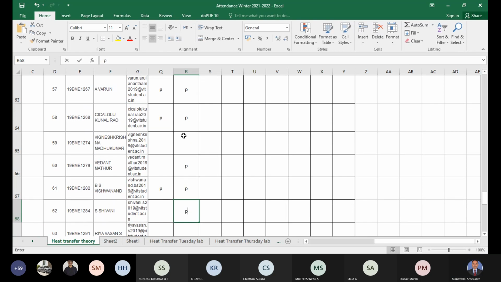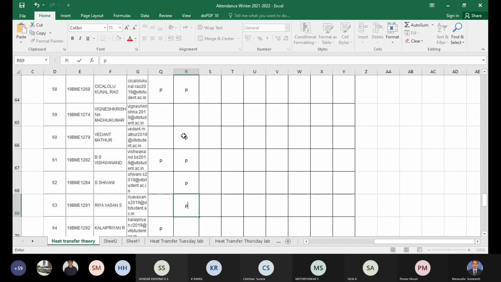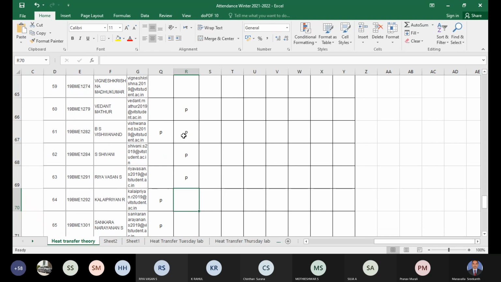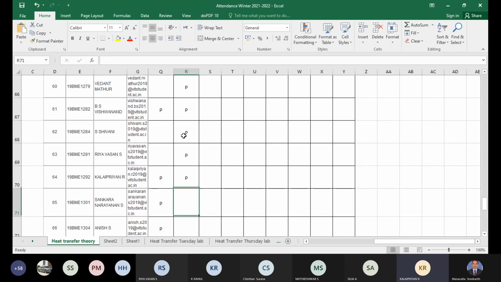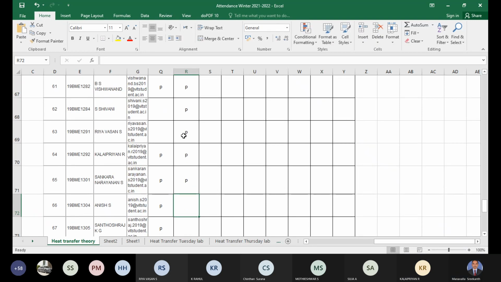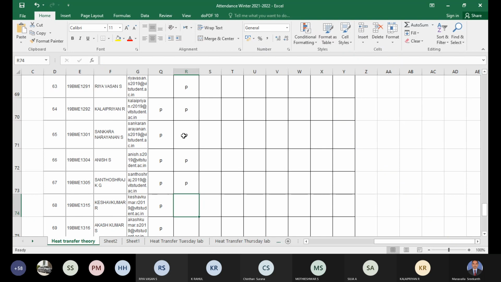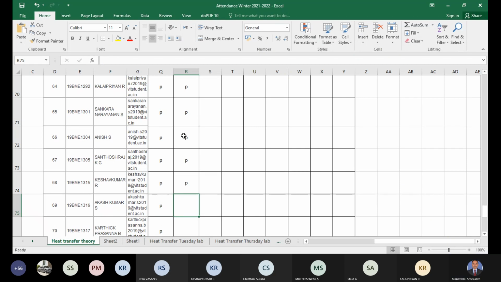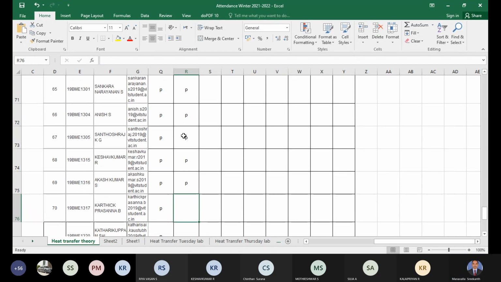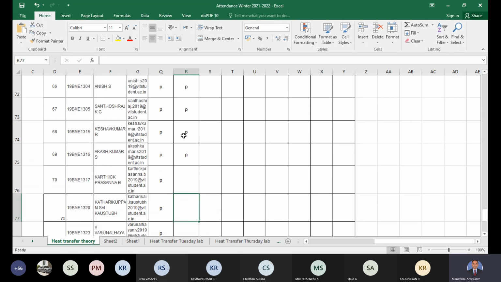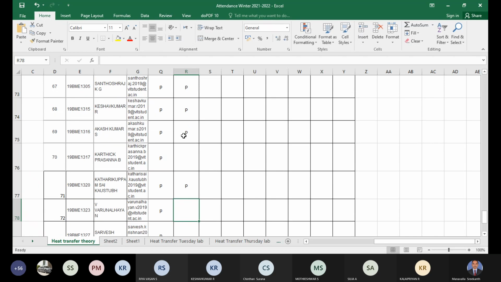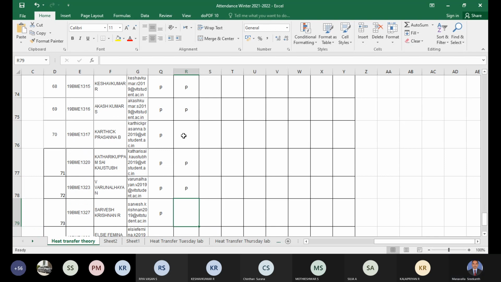Shivani, present, sir. Anish, present, sir. Santosh Raj, present, sir. Sai Kaustab, present, sir. Sarvesh Krishnan, present, sir.